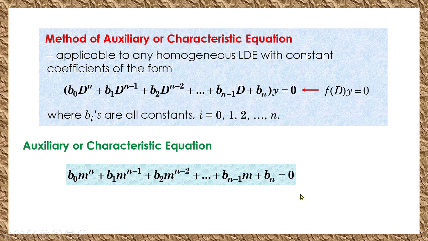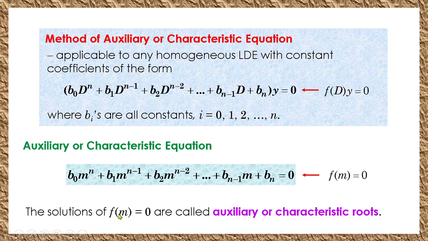We call this the auxiliary or characteristic equation. It is actually a polynomial equation in m. We will be calling this f of m equal to 0, meaning a polynomial function in m that is equal to 0.